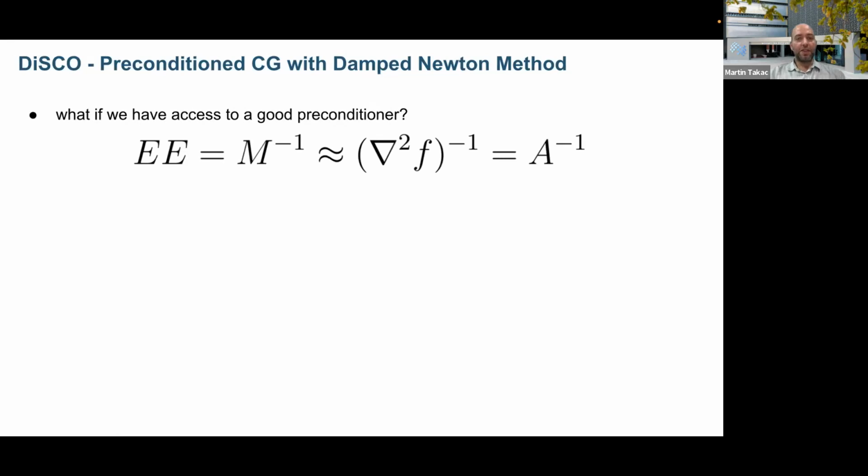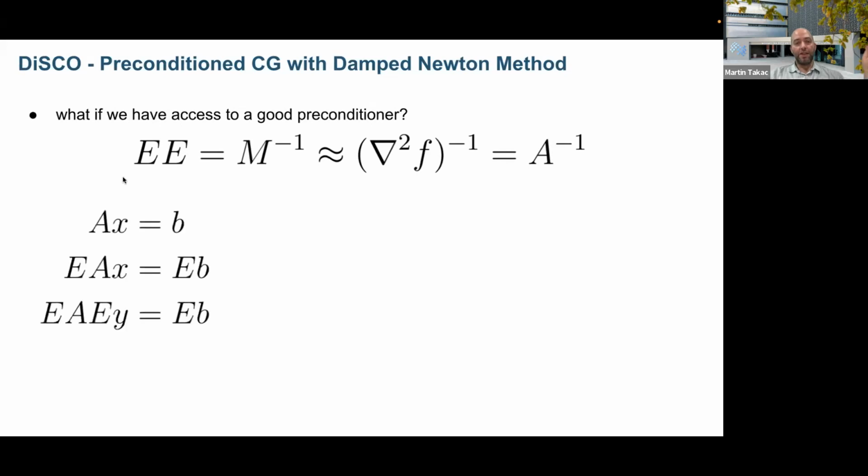So the different strategy which was proposed in the DISCO paper was this one. Imagine I have some good preconditioning matrix M, okay? If I have some matrix M which is very similar to the Hessian, what can I do? I can decompose this M inverse as E times E, because again, this M will be symmetric. So I can multiply both sides of the equation by E from the left. Then I can use the transformation that my X equals E times Y. And afterwards, I can use CG to solve this problem.